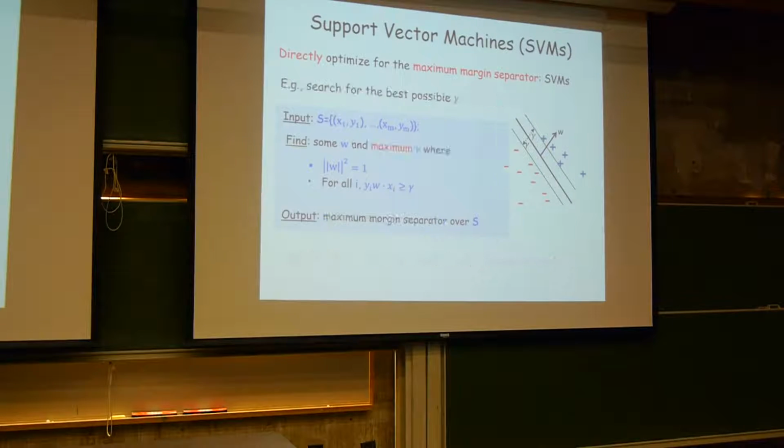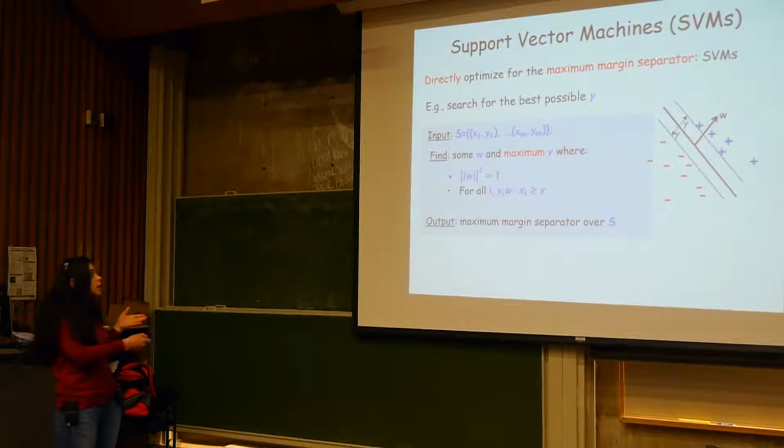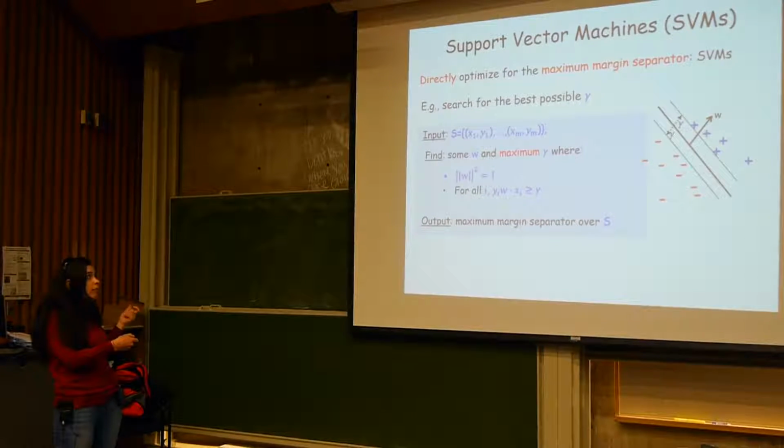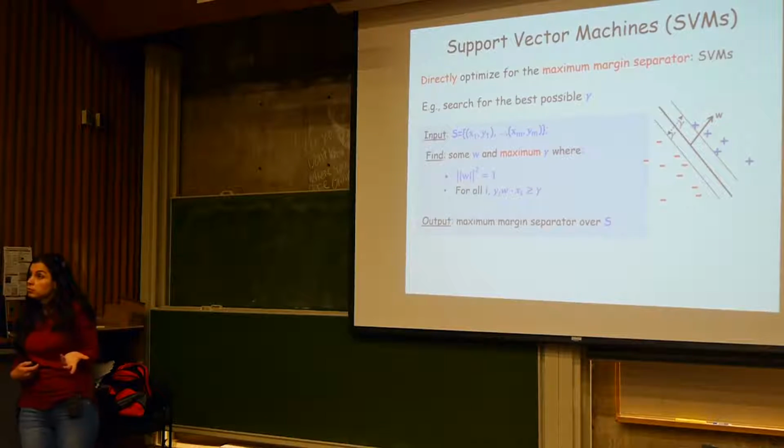So then we can just add this to our optimization problem. We can add it to our objective. We can say, let's now search over the maximum possible value of the margin gamma, again subject to the normal constraints that my normal vector has unit length, and moreover my separator gets all the points correct by margin at least gamma.